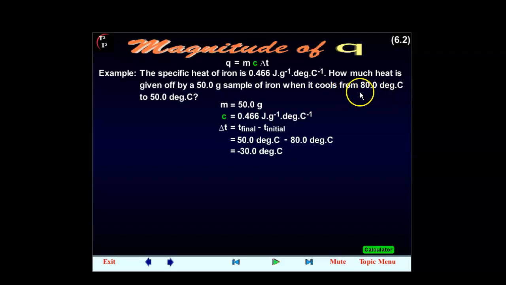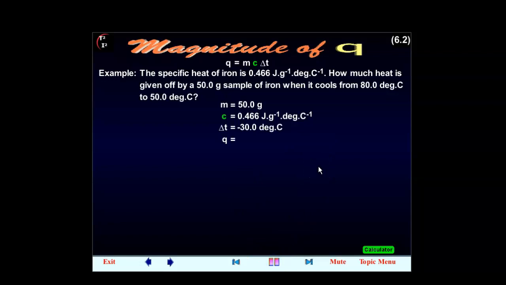Anytime you see from, that is the initial, and to is the final. That is your final destination. It's like moving from Forest Park to your house. Your initial destination was Forest Park. That is from. And then your final destination is your home, which is to. All right?